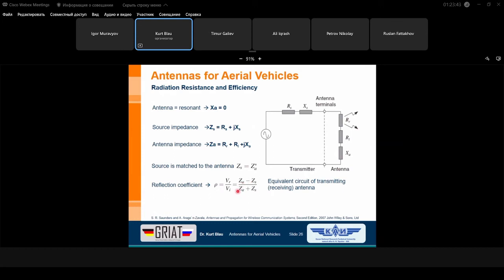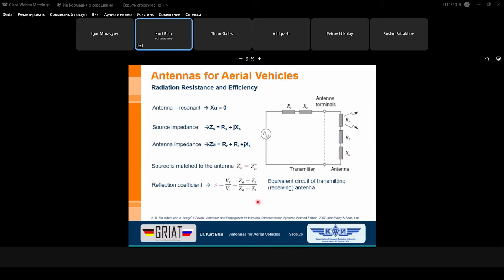We have here the impedance of the antenna, and here we insert the source impedance with 50 ohm. This Z_S in measurement technique is normally a real value. It's not an imaginary part. It's used namely as 50 ohm.